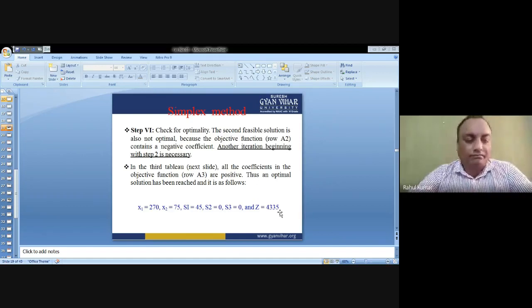In step number 6, check the optimality. The second feasible solution is also not optimal because the objective function row contains a negative coefficient, and another iteration beginning with step 2 is necessary, right?